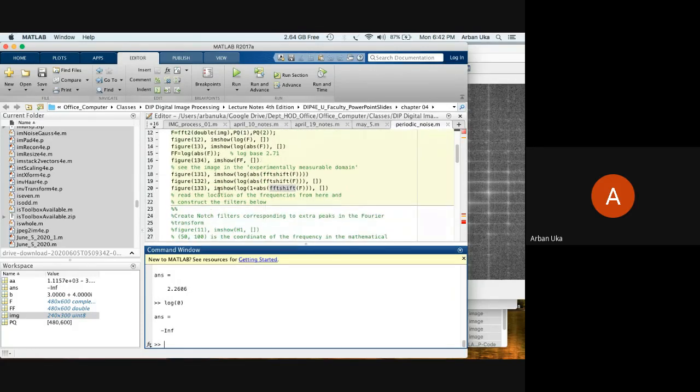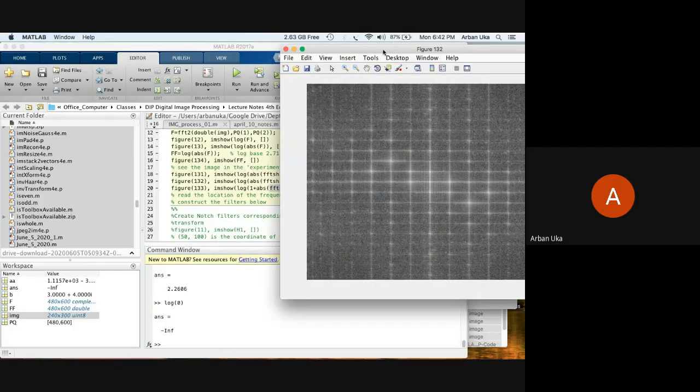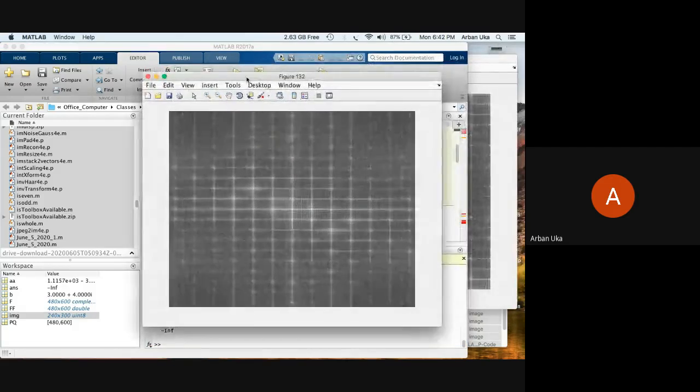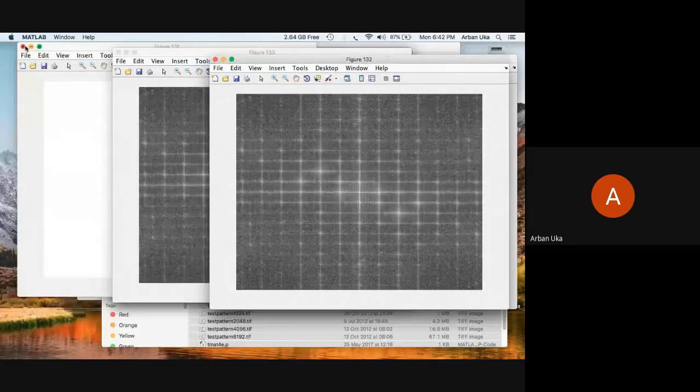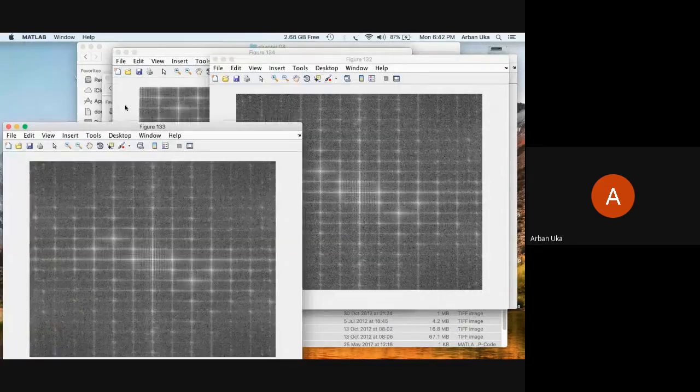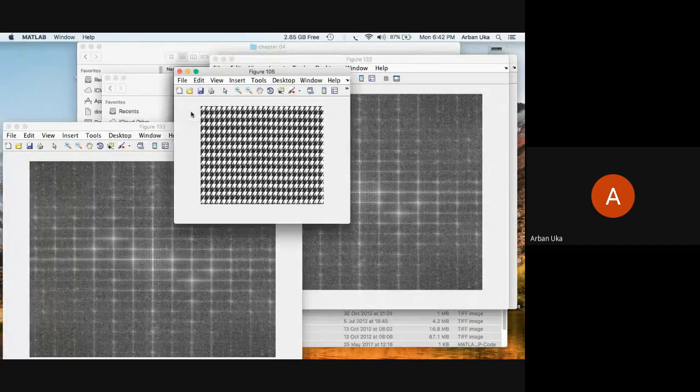Okay, so what is important for us is just to notice that these features that we observe here are the Fourier transform of the original image, which we can observe in here.